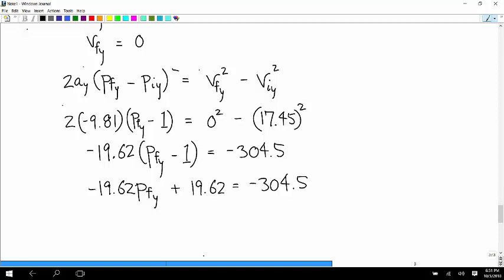And then subtract 19.62 from both sides. So you get negative 19.62 PFY is equal to negative 324.1.